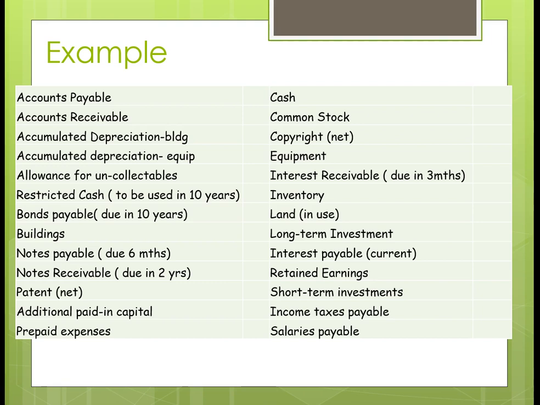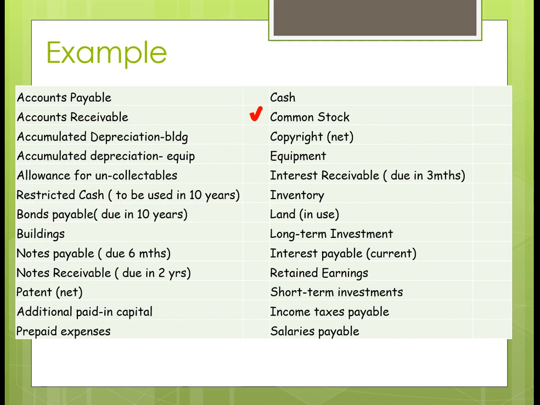So now we're going to look at this example, and we're going to first look at what falls within that classification of current assets. And we're going to start with our list on the left and then work our way to the right. So the first thing we're going to notice is accounts receivable. Accounts receivable are never going to be beyond 1 year.